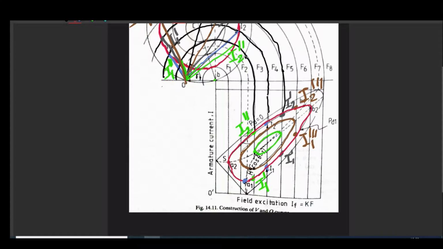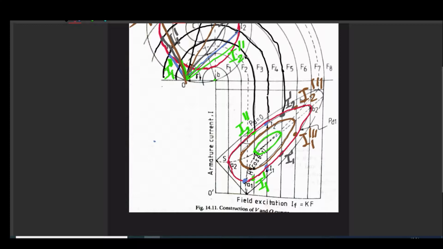Undoubtedly, all these curves that we have here give us the shape of a closed contour and can be written like the English alphabet O, if you just tilt it.